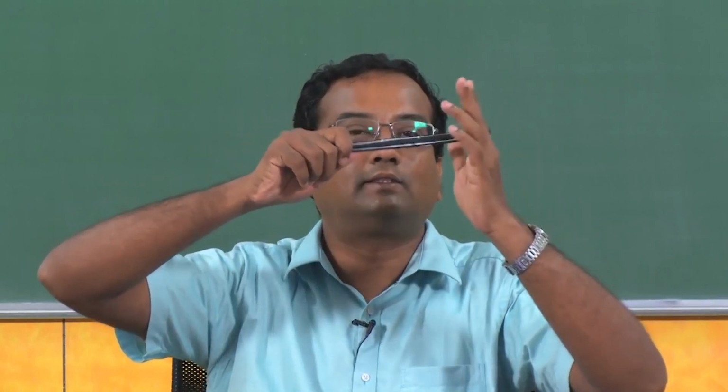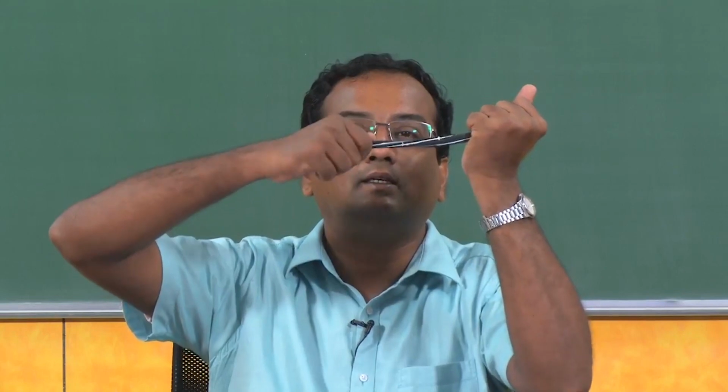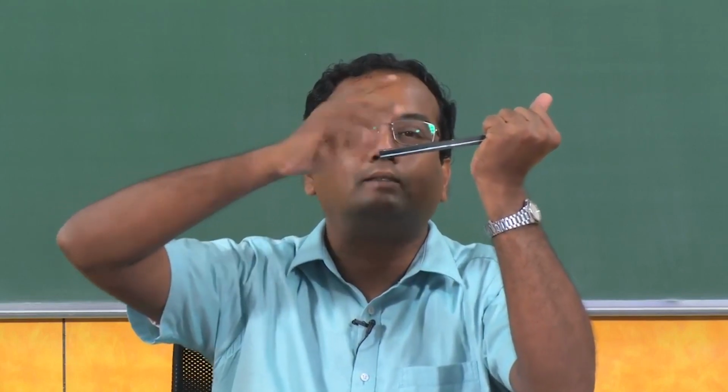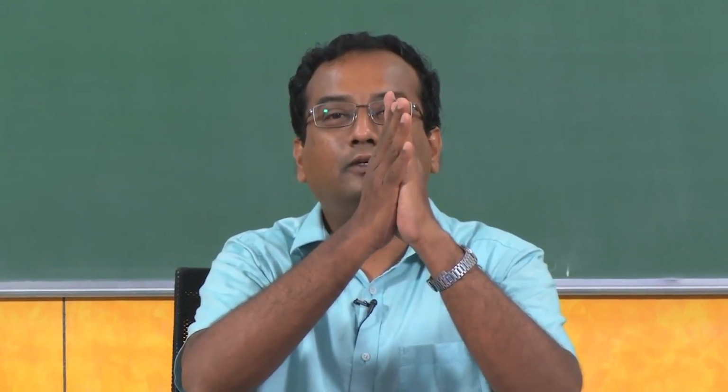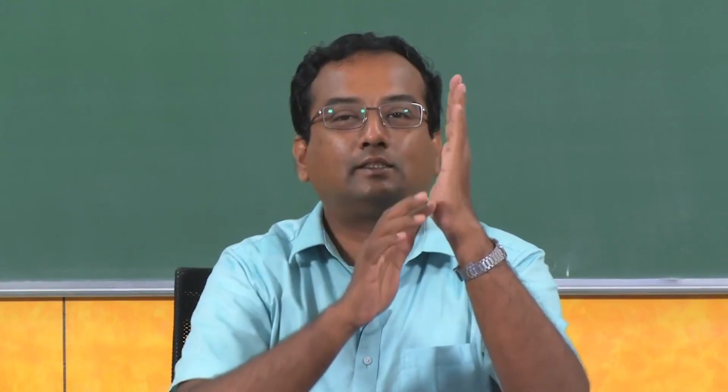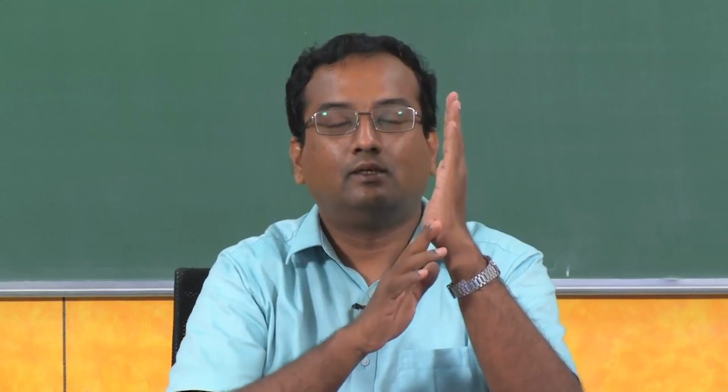That is, I am fixing this end and I am rotating this section, and then this bar is getting twisted. So two sections which are like this rotate relative to each other, producing shear stresses in the plane of the cross section, and we are interested in finding what these shear stresses are in the plane of the cross section.